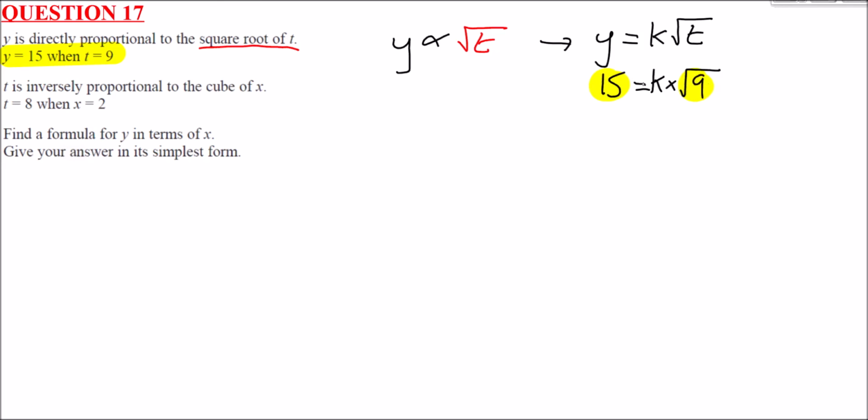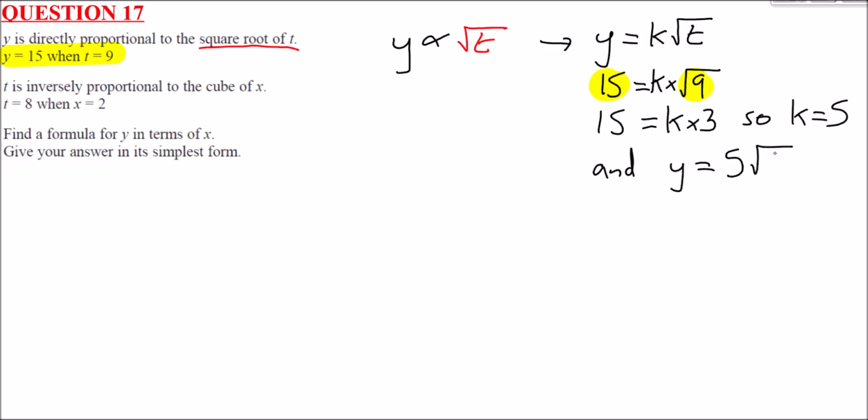We know the square root of 9 is 3, so 15 equals some number k multiplied by 3. So k's got to be 5, hasn't it? Because 5 times 3 is 15. So k equals 5, and therefore we have that y equals 5 multiplied by the square root of t. So that's our first equation.